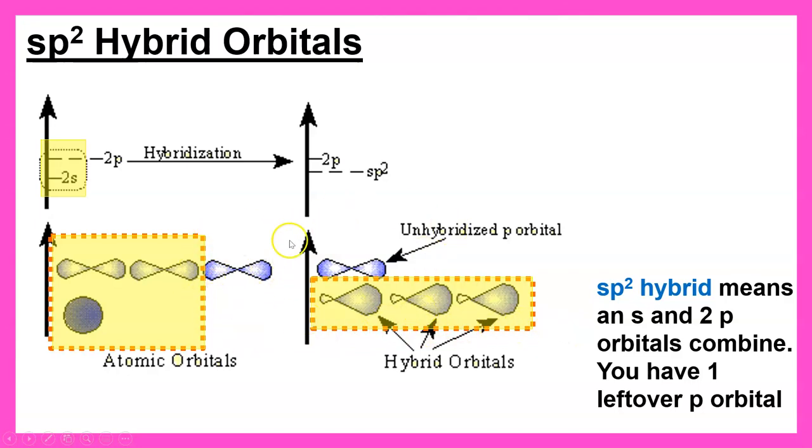One gets left alone. I'm not changing the number of orbitals I have. I'm changing the shapes and the energies of the orbitals that I have. And those three hybrids will have the same energy, and my p orbital that got left alone, that is unhybridized, stays at the same energy it was before.